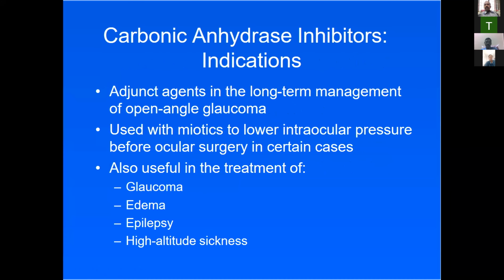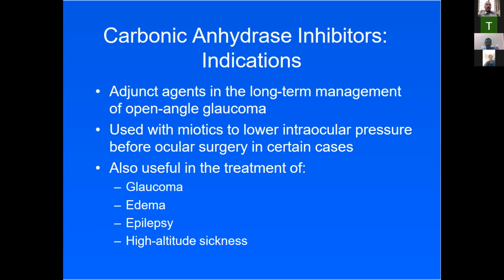The carbonic anhydrase inhibitors are indicated as adjuvant agents in the long-term management of open angle glaucoma. Mostly these inhibitors are used for open angle glaucoma in the eye, and used with miotics to lower the intraocular pressure before ocular surgery.